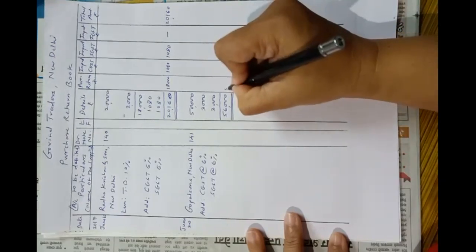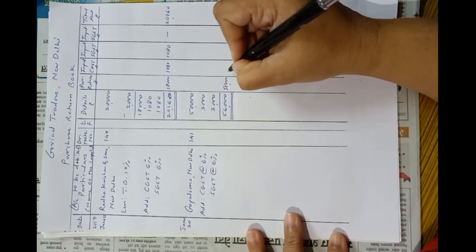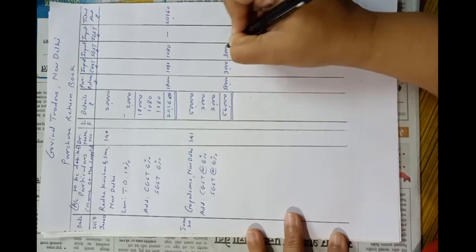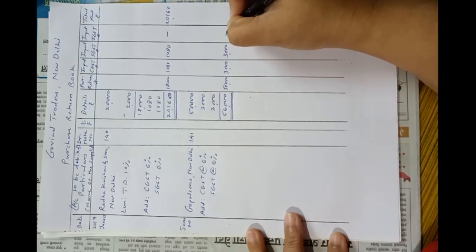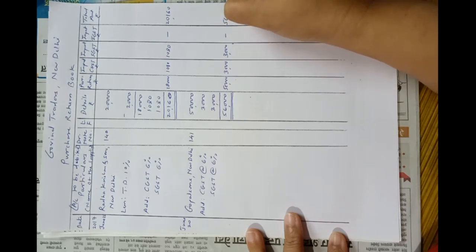Out of that, purchase return worth rupees 50,000. Input CGST 3,000. Input SGST 3,000. No IGST because no interstate transaction, and total amount is 56,000.